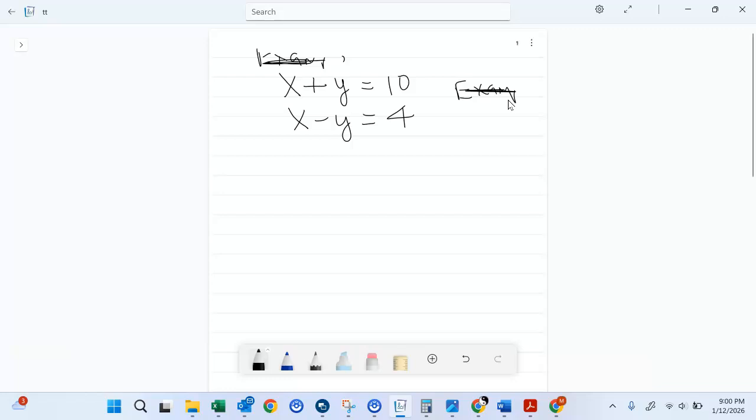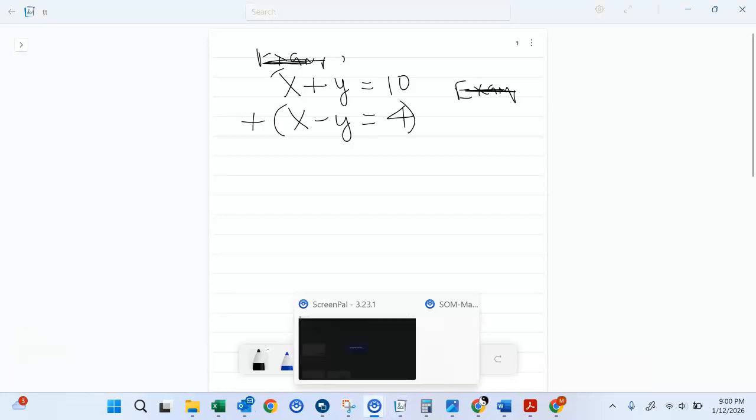We could try different values until we get it, right? But what we're going to do today is combine these equations so that we can create one new equation. We're going to go this equation here plus this whole equation right here, okay? So we're going to combine them and add them.